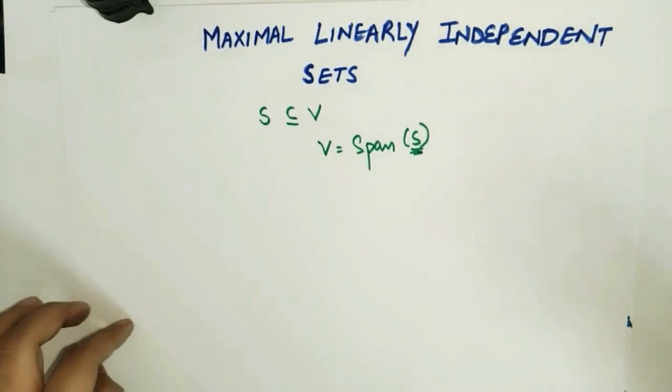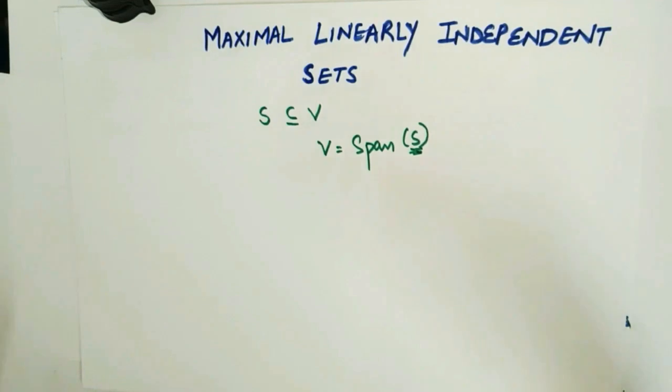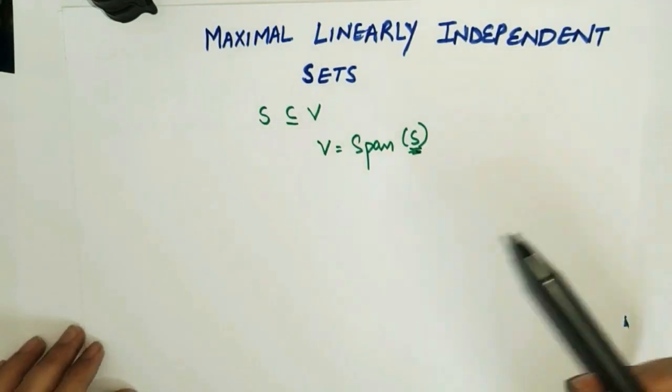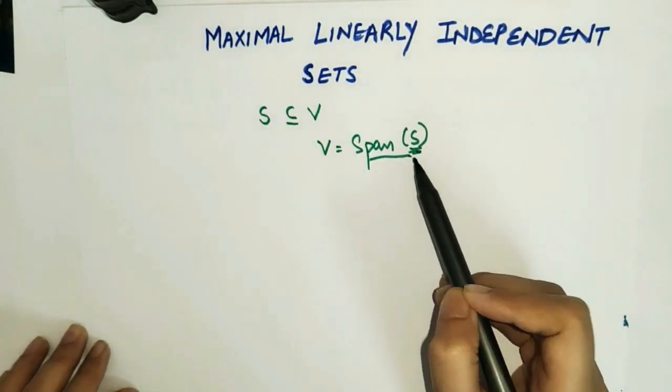By redundant vectors I mean useless vectors, the vectors that are not contributing to the span.